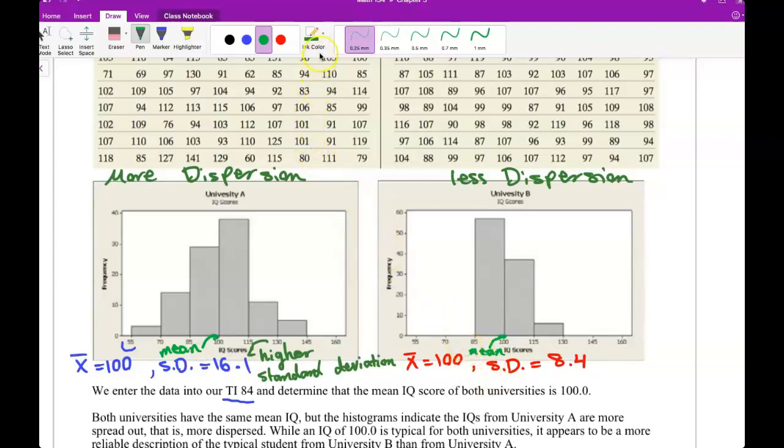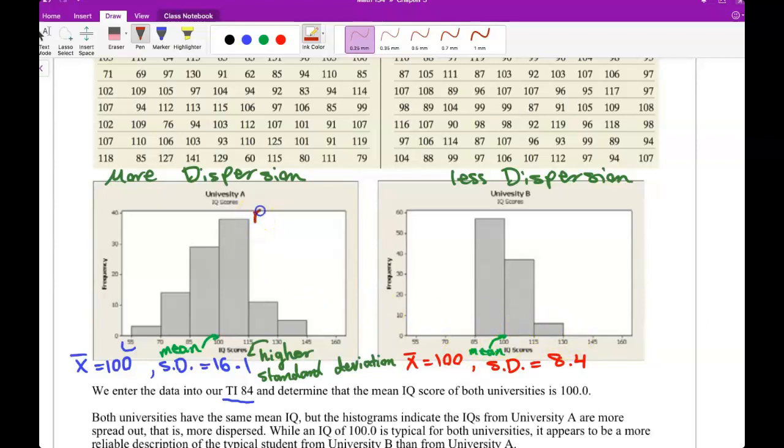As you can see, our numbers for this part start from 55 and go up to 145. But for this one we have numbers starting from 85 up to 130.